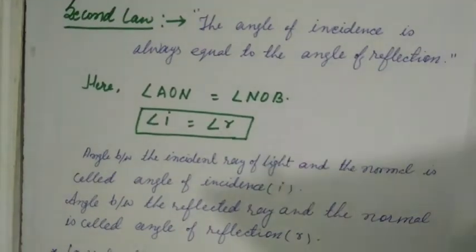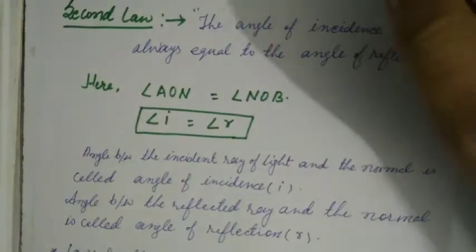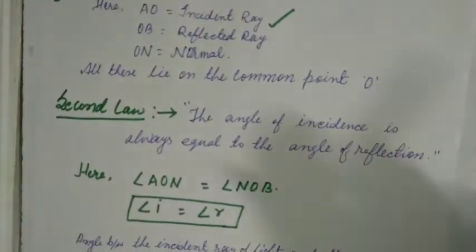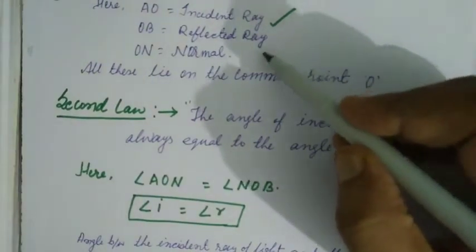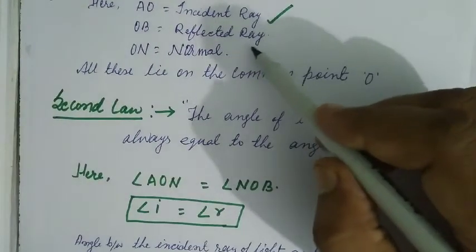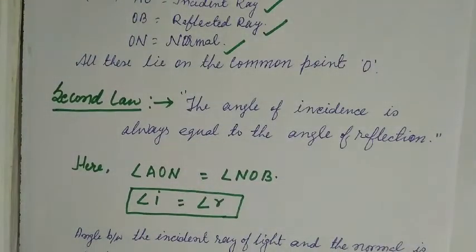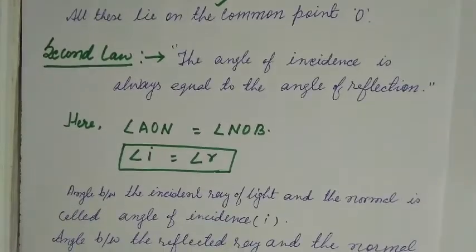So here, from the ray diagram, AO is the incident ray, OB is the reflected ray, ON is the normal, all lying at the same common point.